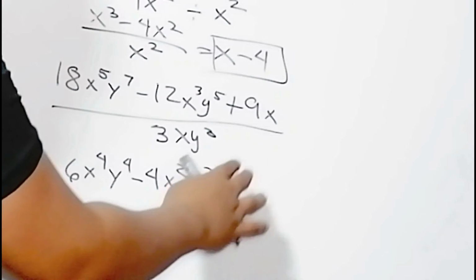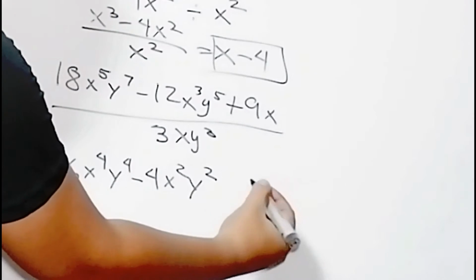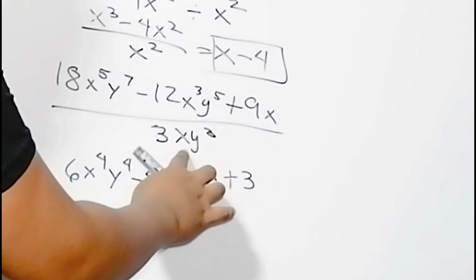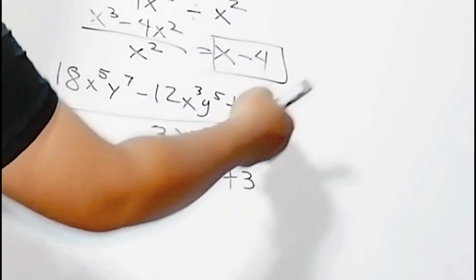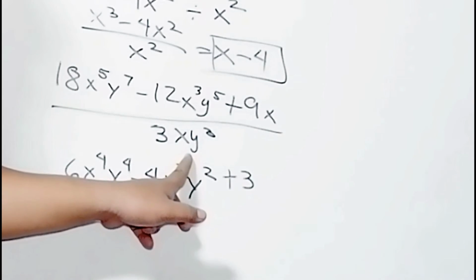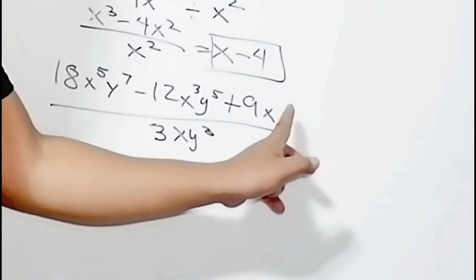And finally, I have positive 9 divided by 3, that is positive 3. x and x, I don't have any, so that will be cancelled out. However, my divisor has a y cubed, and there is no y variable in the numerator of the last term.